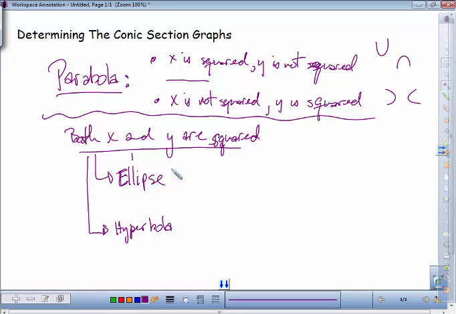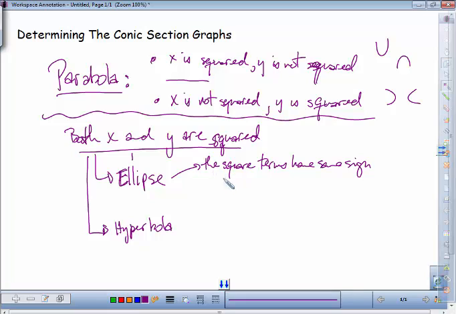So an ellipse, both x and y are squared, and the square terms have the same sign. And if both the square terms have the same sign, then you have an ellipse.